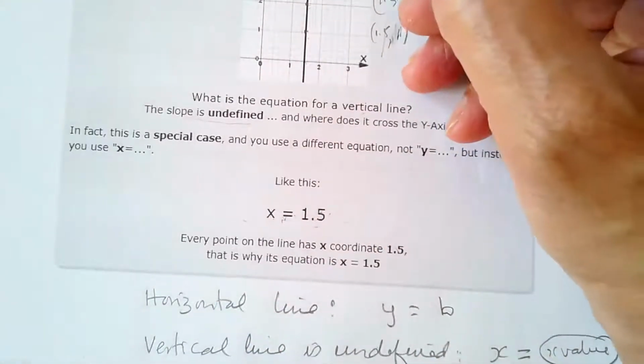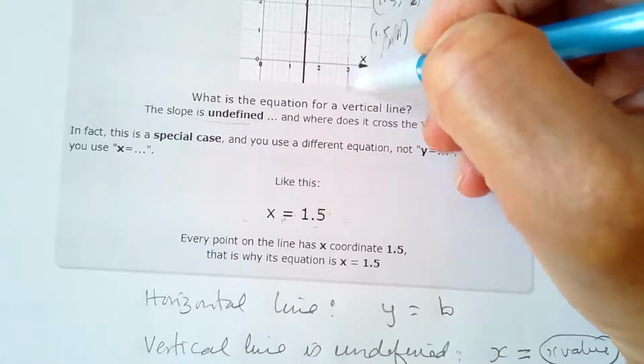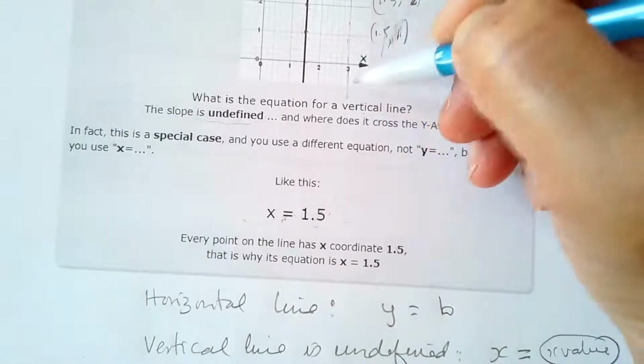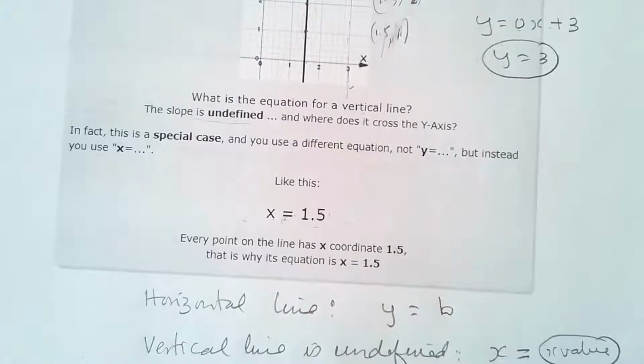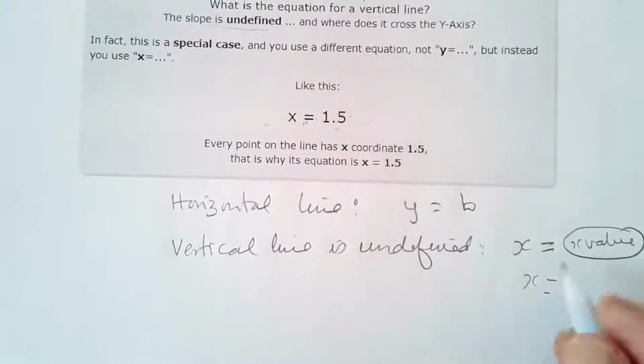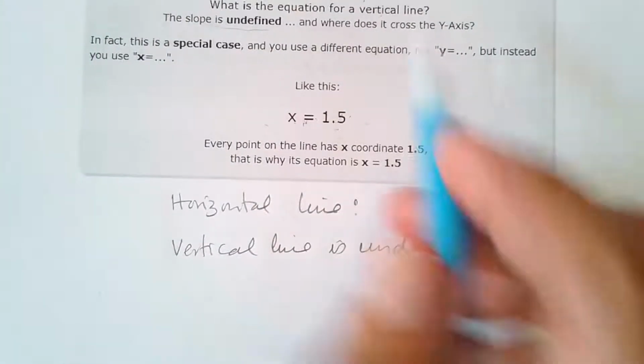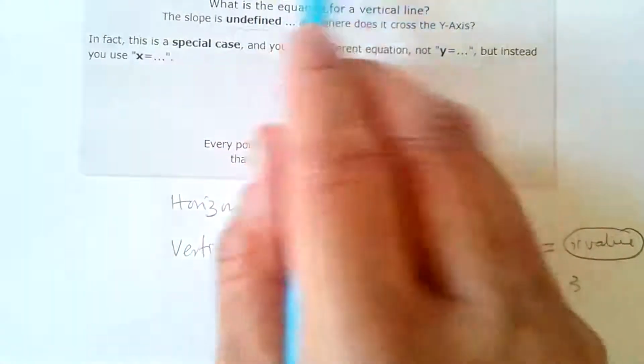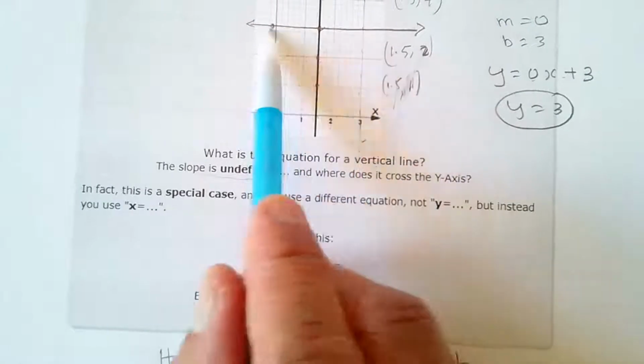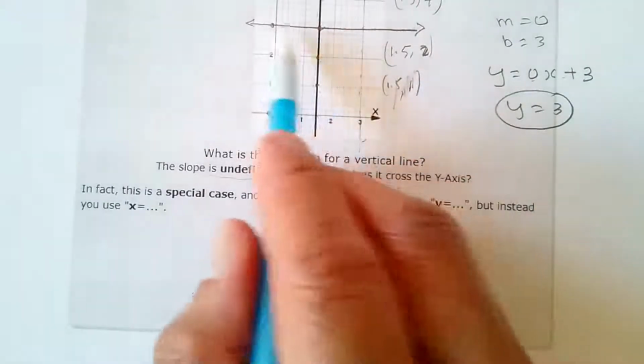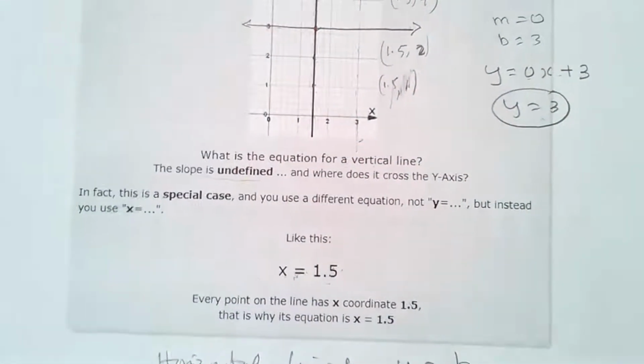If we have a vertical line right through 3, the equation here is x equal to 3. In this case, we have our horizontal line crossing the y-axis at 3. This would be y is equal to 3 as my equation.